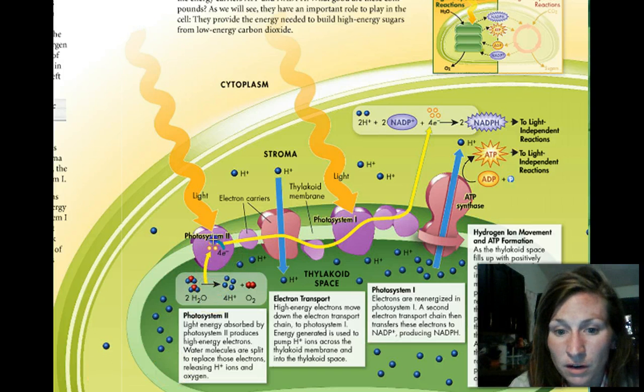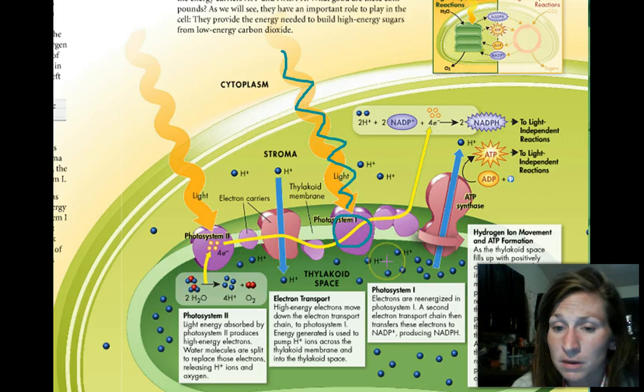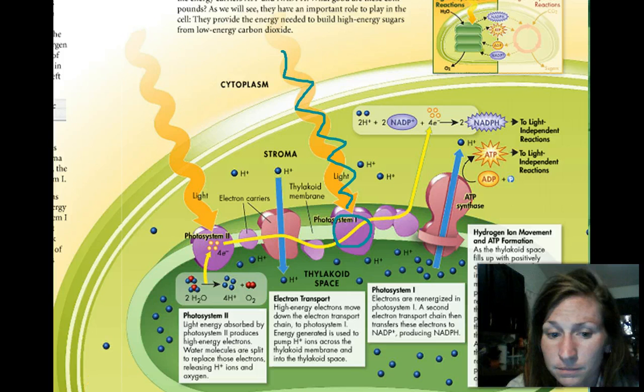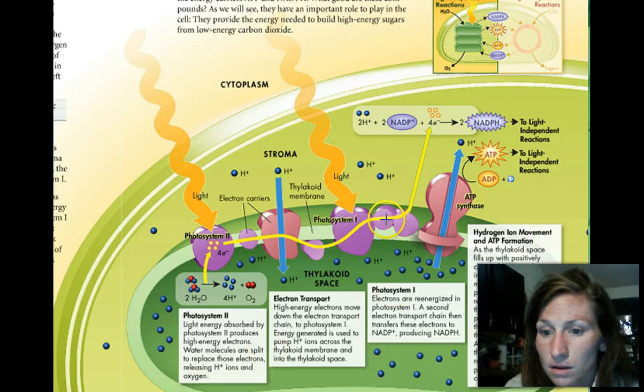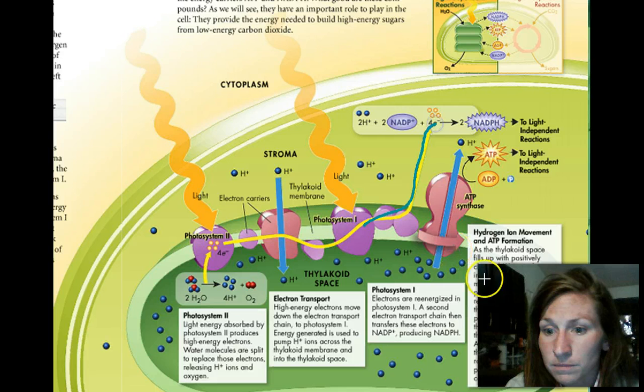Now, these electrons that are produced here are going to move along this electron transport chain. Once they reach photosystem 1, more light comes in to power those electrons and keep them energized, because it starts to die down as you move along that chain. So some of these electrons are donated to create that NADPH electron carrier.